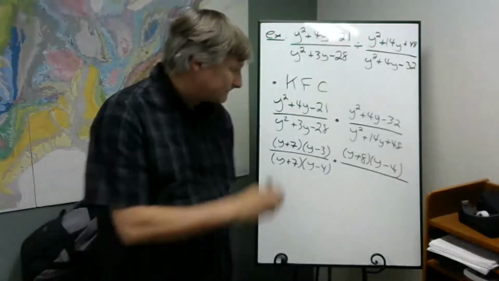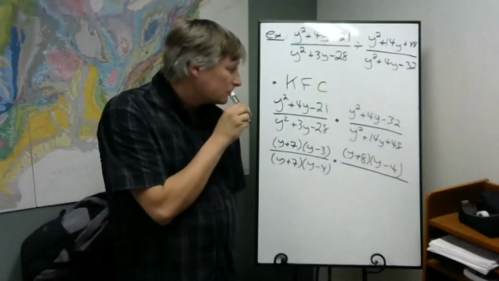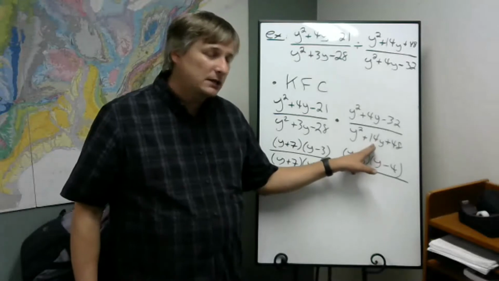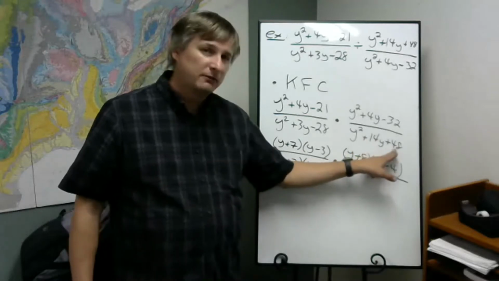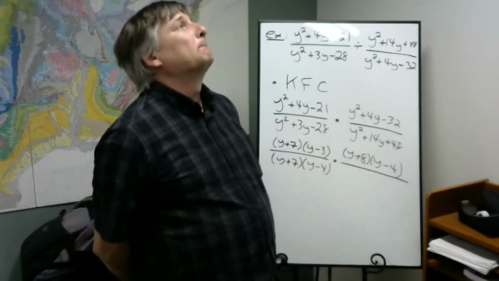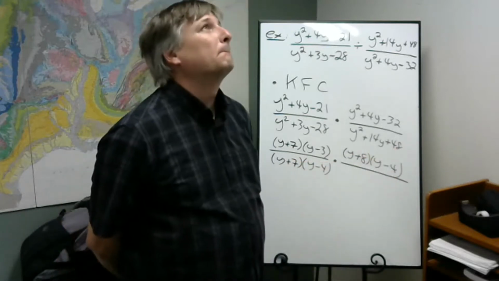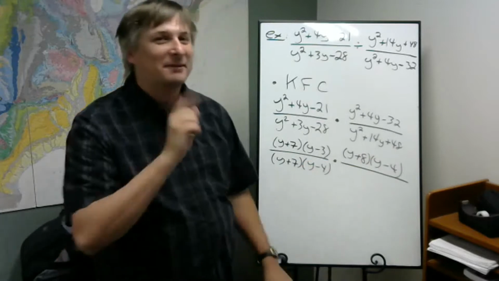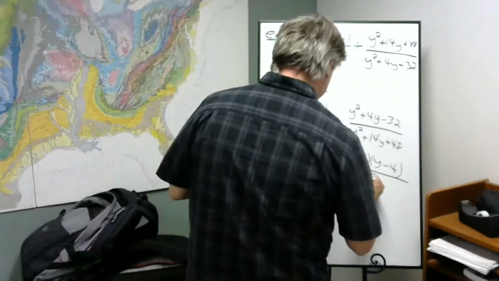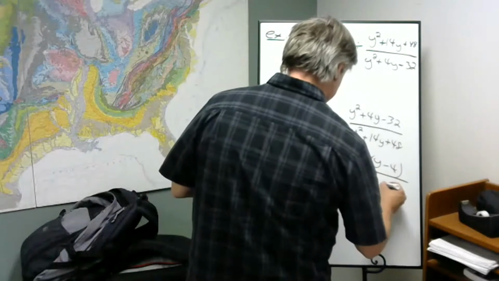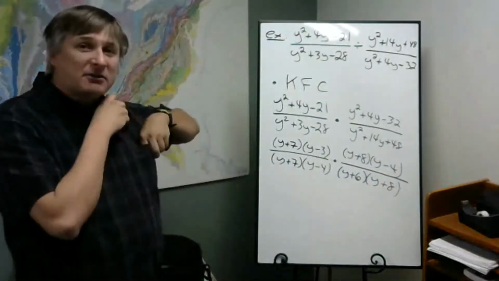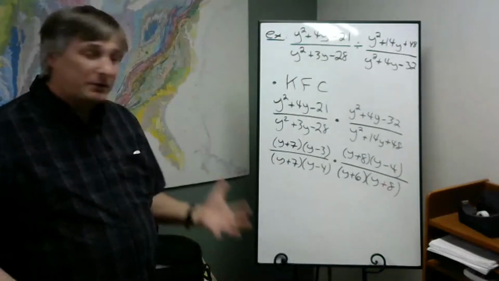One more. There we go. Two numbers that add up to 14, but multiply to 48. 6 and 8. And there we go. So we factored everything, broken down what's going to cancel.